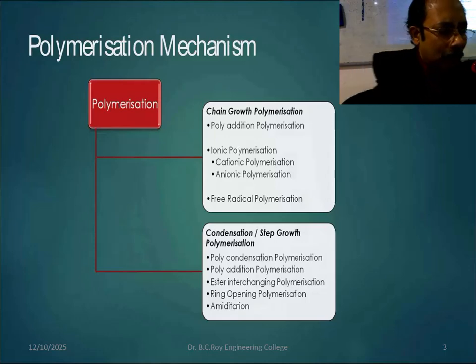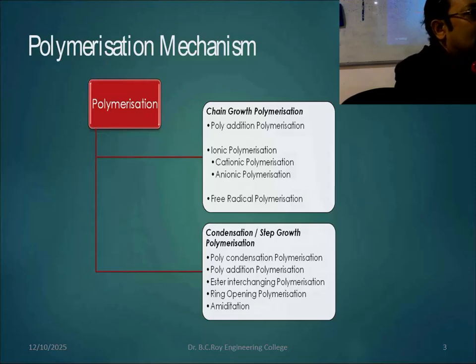If you consider a double bond, just look at me. Suppose this is a double bond between two carbons. When the double bond breaks, you get two positions open. This is open, this is open. Then a third one can join here.